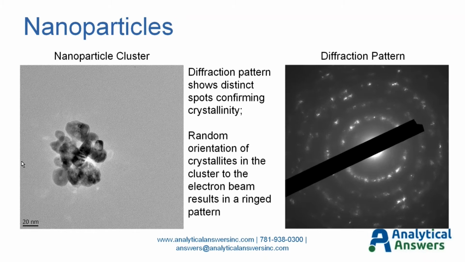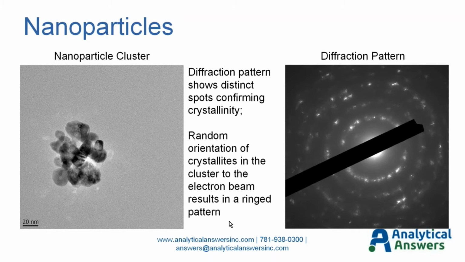So if we select this region, this cluster for diffraction analysis, we get this diffraction pattern. And this dark line that you see running through it is just a physical probe that's inserted in front of the camera to avoid burning out the image capture camera with the directly transmitted beam. So you see diffraction spots that are forming this ring shape.